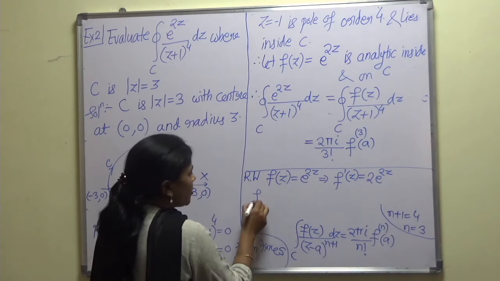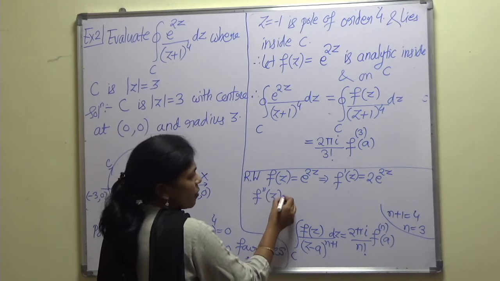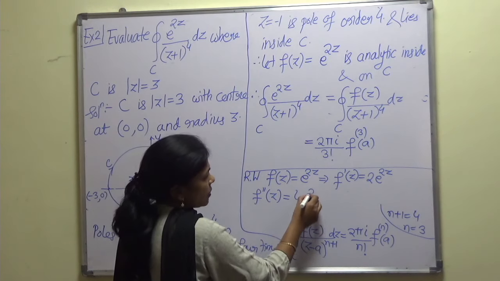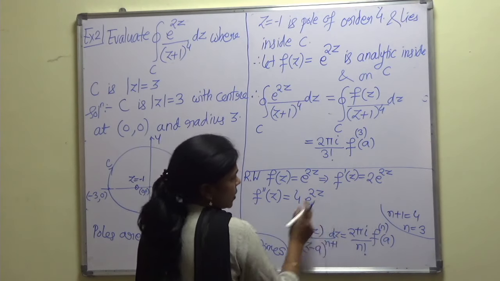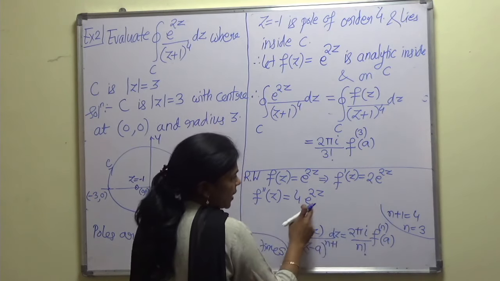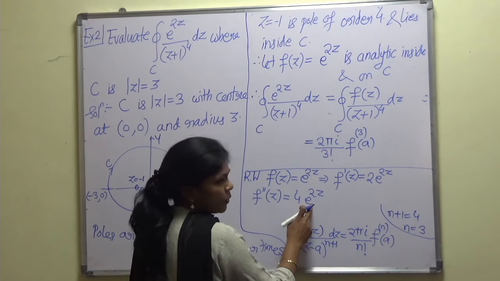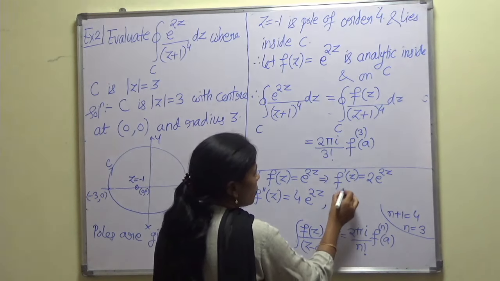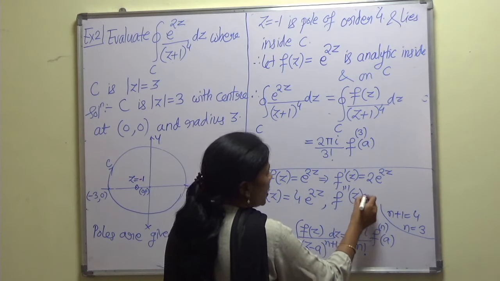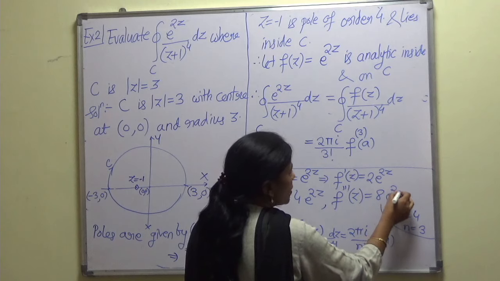The second derivative will be 4 e raised to power 2z, since the derivative of e power 2z is e power 2z into 2, and 2 is already there. And the third derivative will be 8 e raised to power 2z.